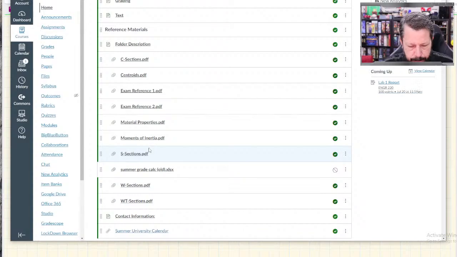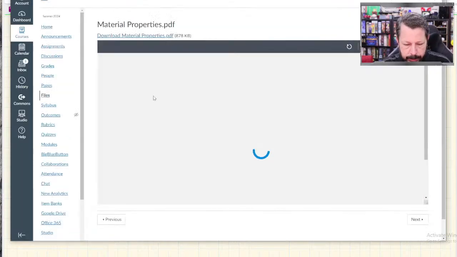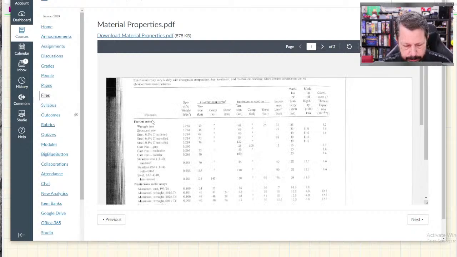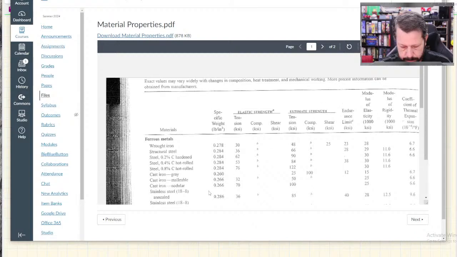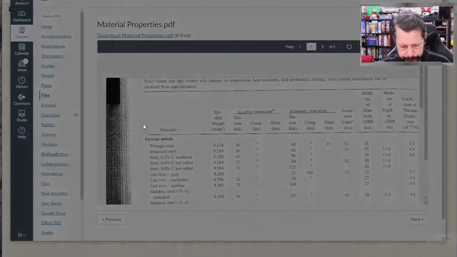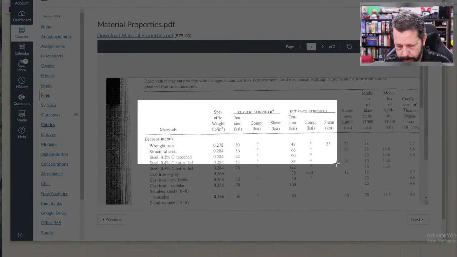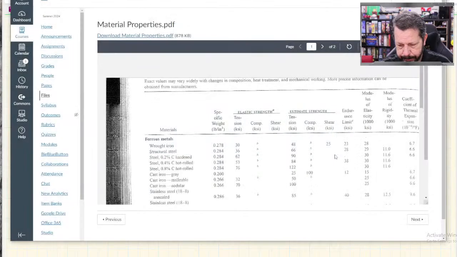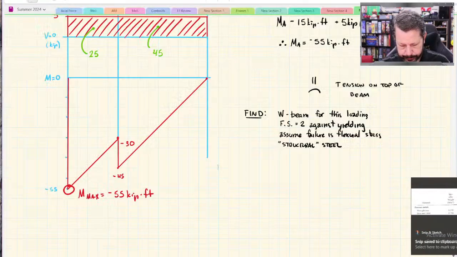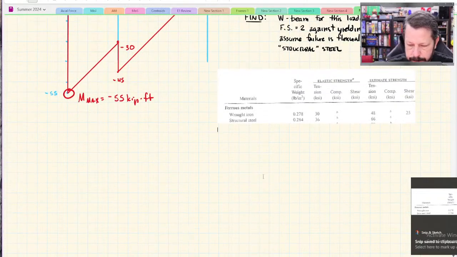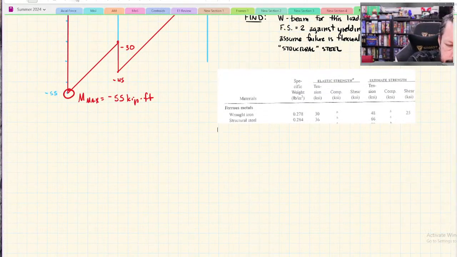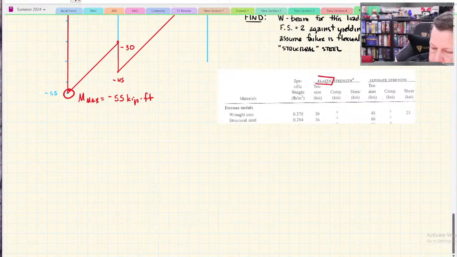Let's look at material properties here. And we are going to grab, let's kind of zoom a little bit. We don't need all those. So there's the structural steel, and the elastic strength is, that's what I use the word yield.